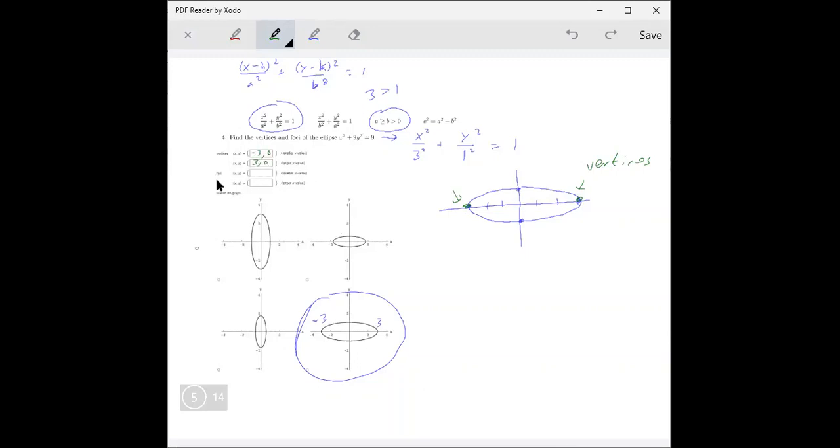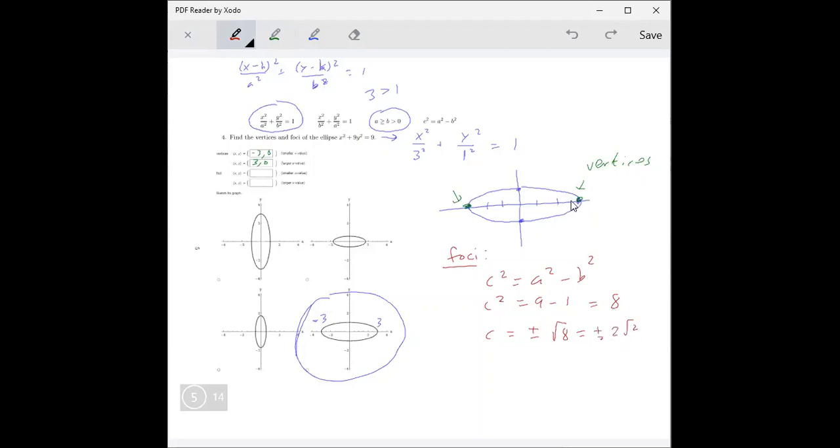Okay, for the foci, you use this equation to get them. That's going to be 9 minus 1, which is 8, so that's c squared. So c is going to be plus or minus the square root of 8, which is 2 root 2.